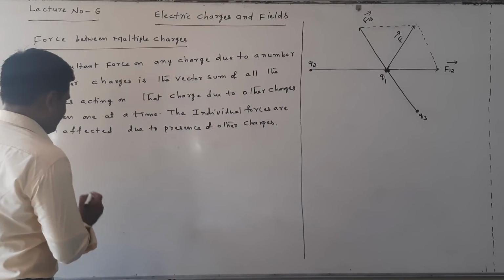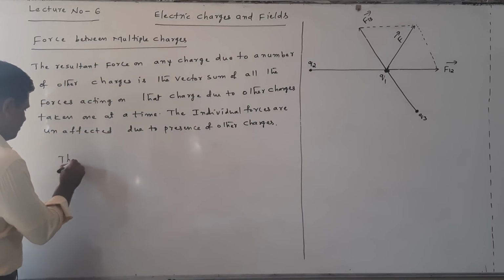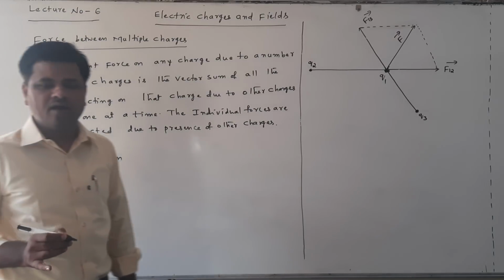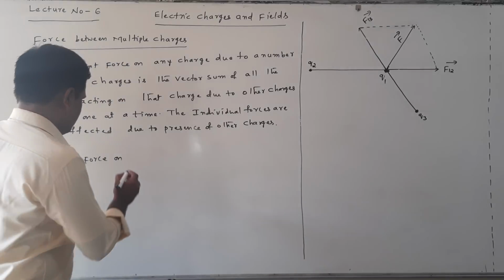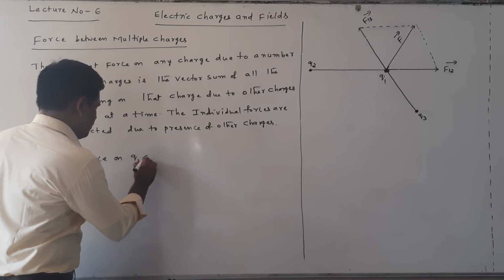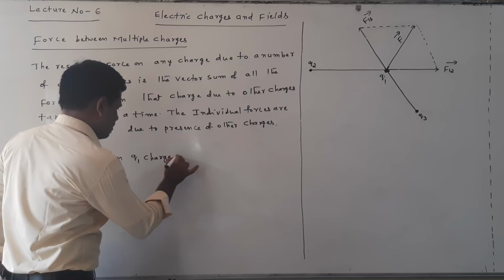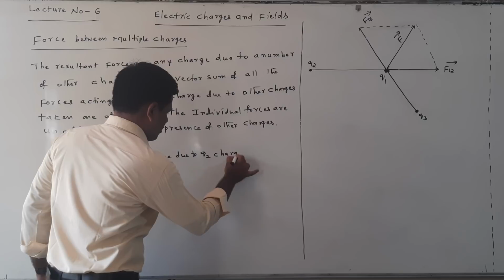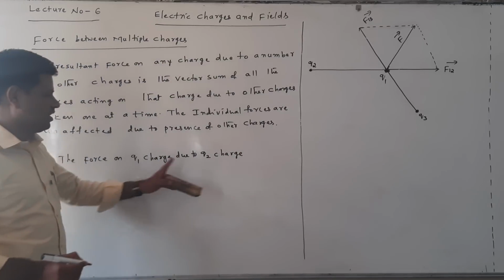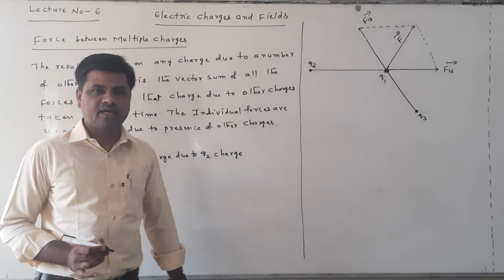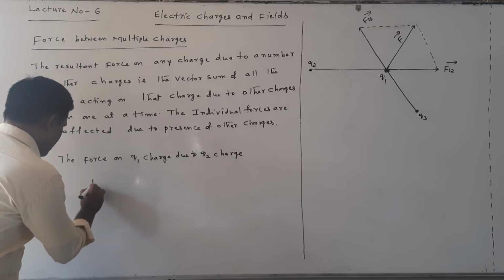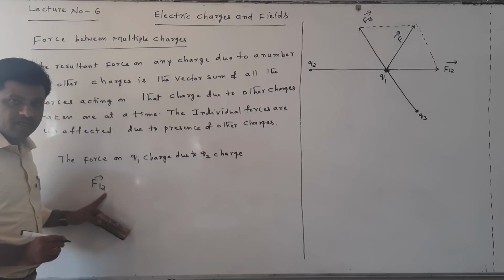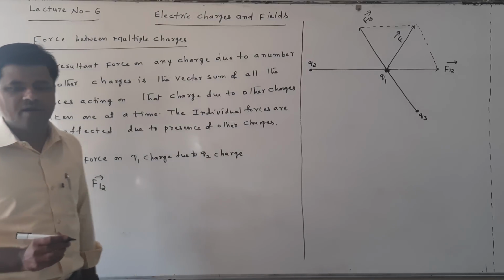First equation: the force on the Q1 charge due to the Q2 charge can be written as F12 bar.